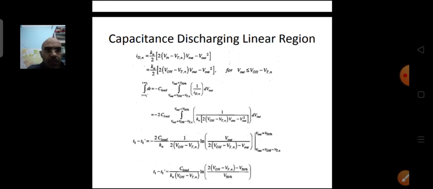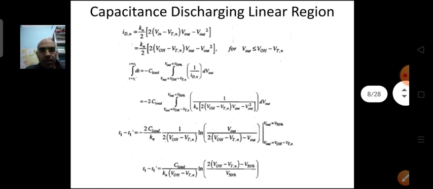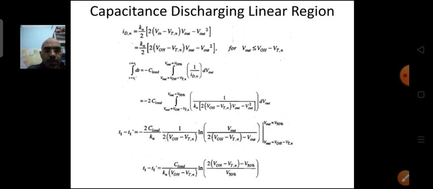Now if I magnify it, you can see it's not difficult to understand. Again the same procedure: if you substitute the values and integrate the equation, you can find T1 minus T1' again in terms of load capacitance, VOH, VTN and the transconductance parameter. So this is our formula for T1 minus T1'.